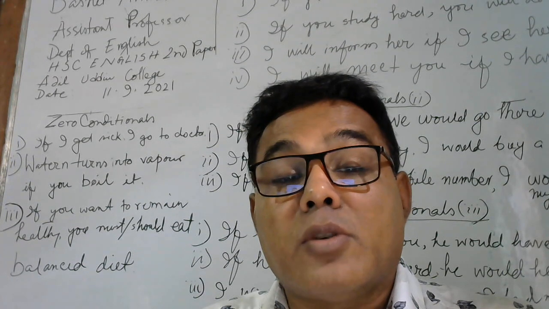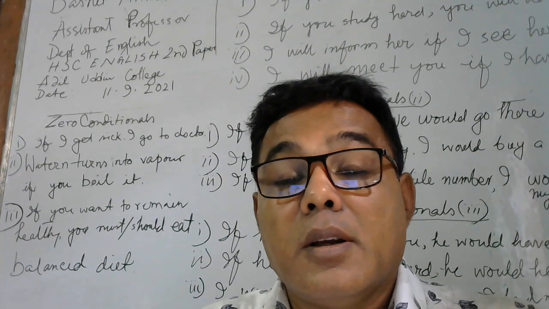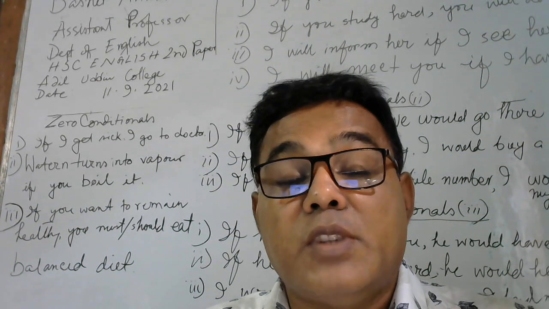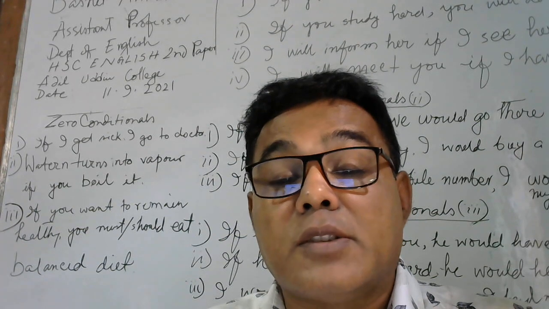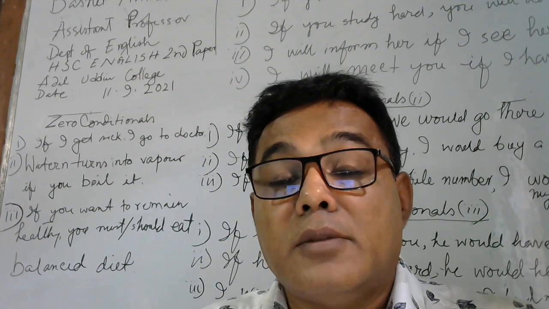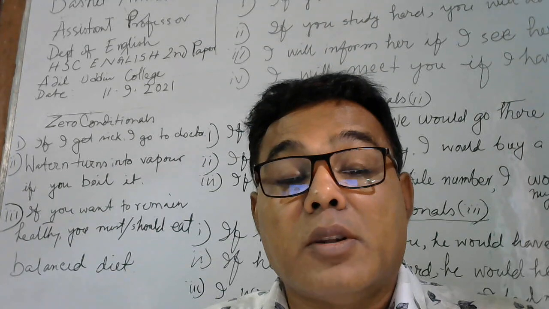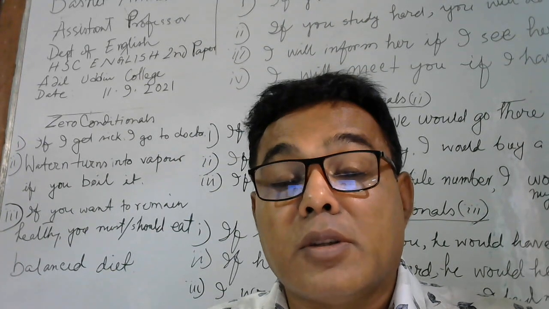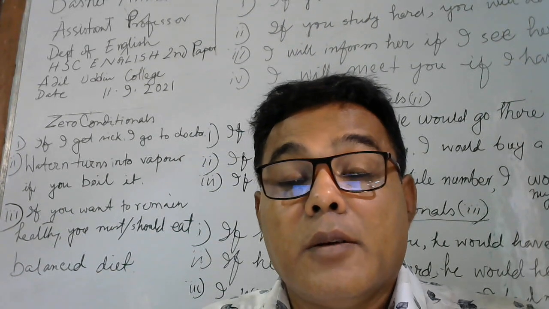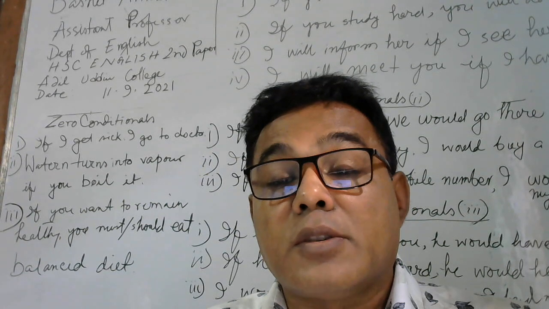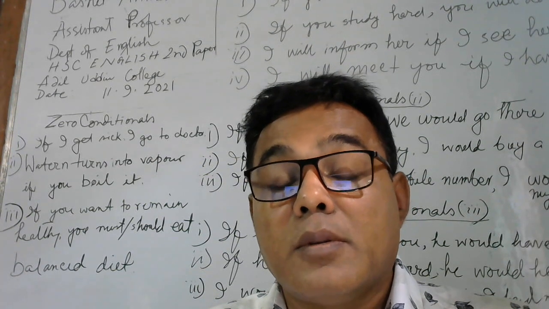If we talk about conditionals in English, we can say there are four types of conditionals, and we can call it zero conditionals, present conditionals, past simple, and past perfect.